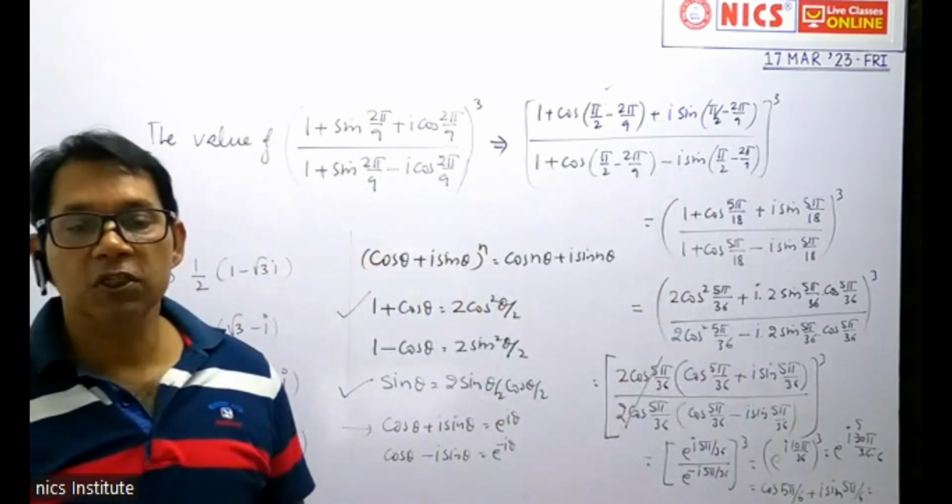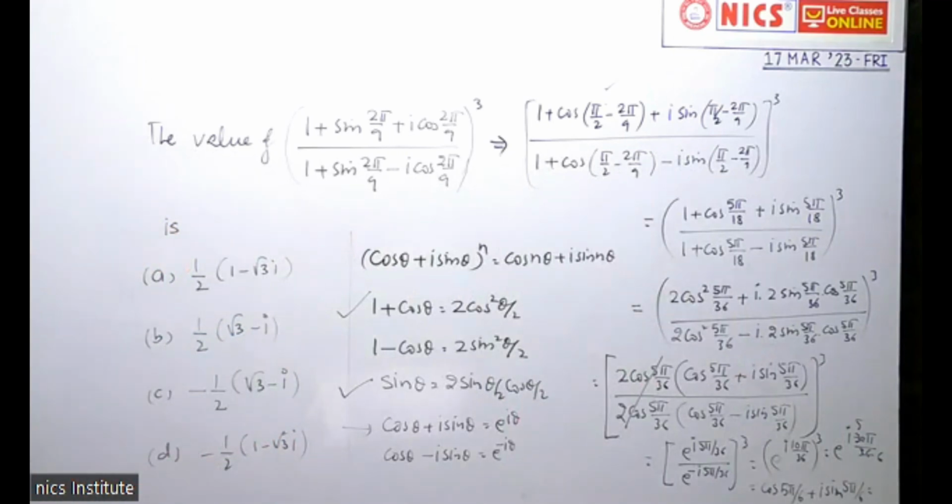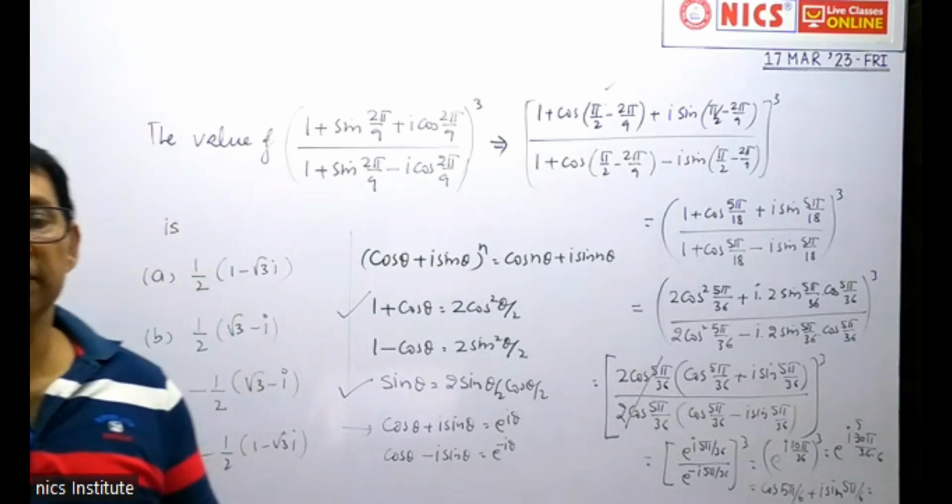You know the value of cos 5 pi by 6. Cos 5 pi by 6 would be minus cos pi by 6, which is minus root 3 by 2. Sine 5 pi by 6 would be sine pi by 6, which is 1 by 2. And that's how you get the answer.